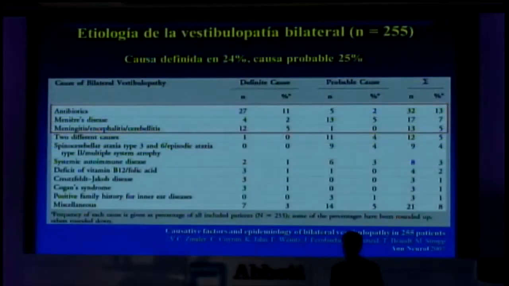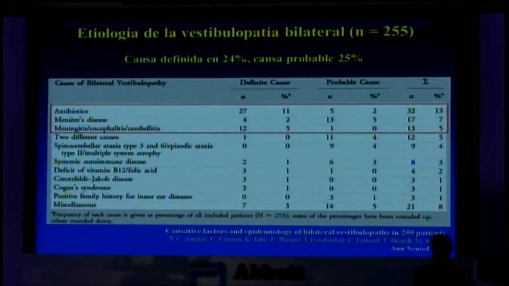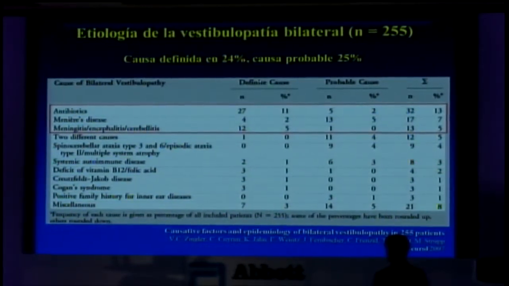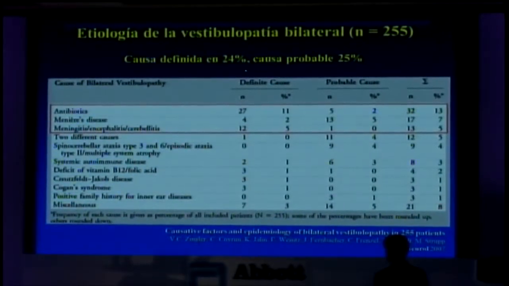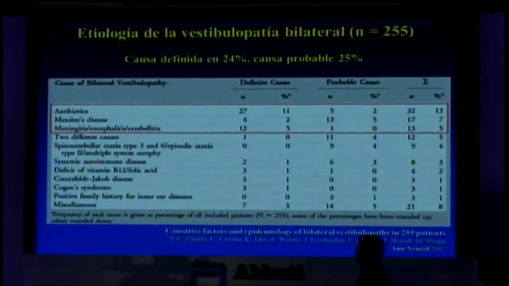What about the etiology? A few years ago, we published this series on 255 patients with bilateral vestibulopathy. It's important to point out that in 3 out of 4 patients, there is no definite cause. So if you don't find anything, you should not be frustrated. This is reality.